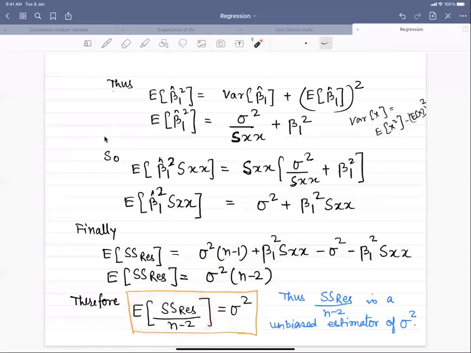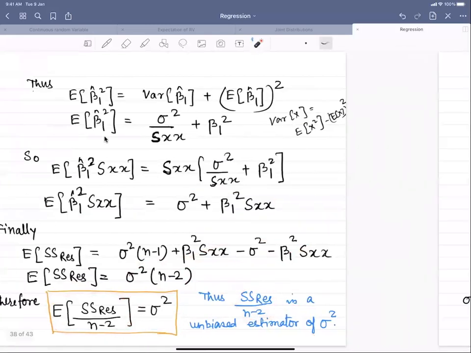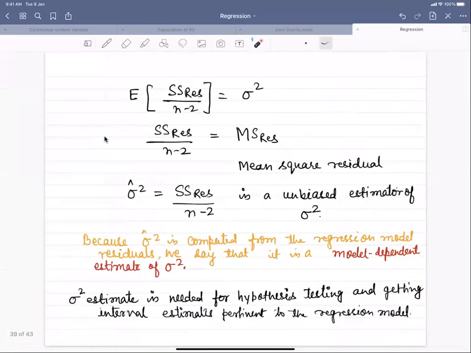We can say that the sum of squares of residuals divided by n minus 2 is an unbiased estimator of sigma square. So as I said, in general, sigma square is not available, but we can compute the sum of squares of residuals. Sum of squares of residuals are simply these values, right?